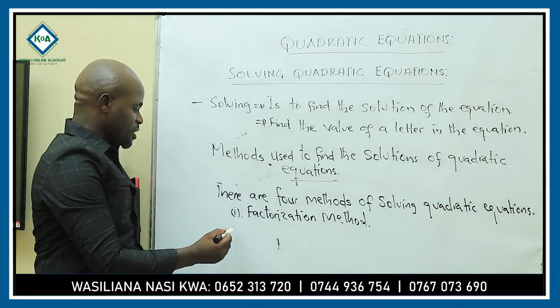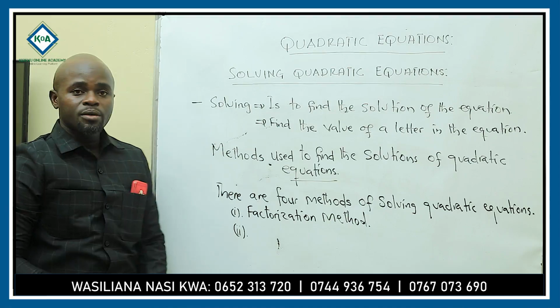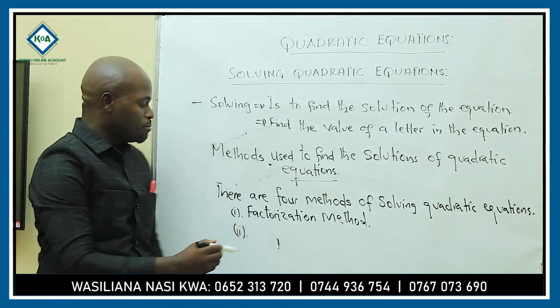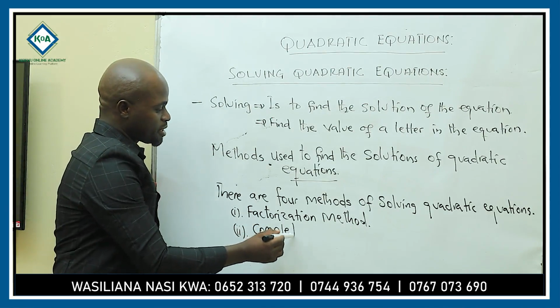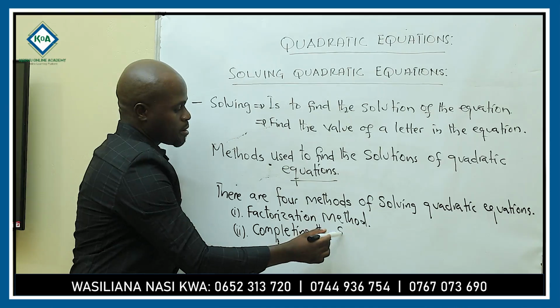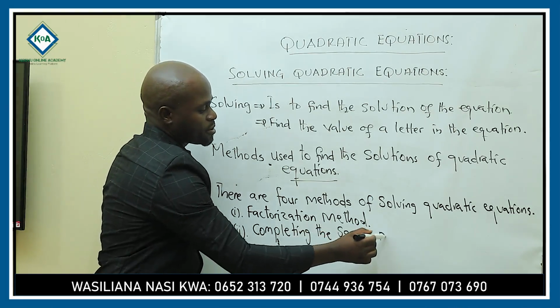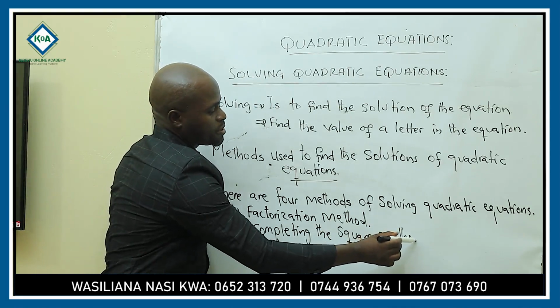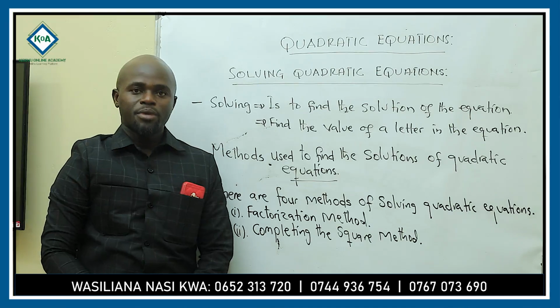But the second method is, instead of factorization, you can use completing the square method. Completing the square method, this is the second method.